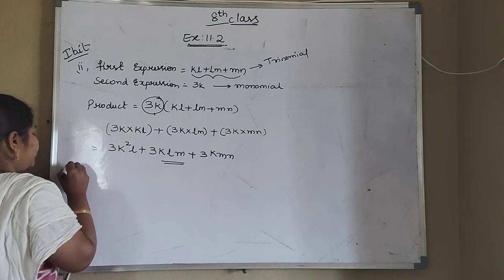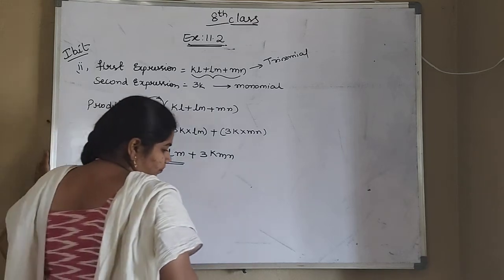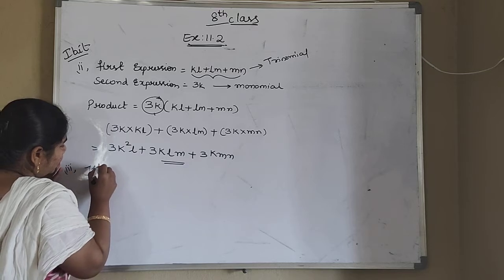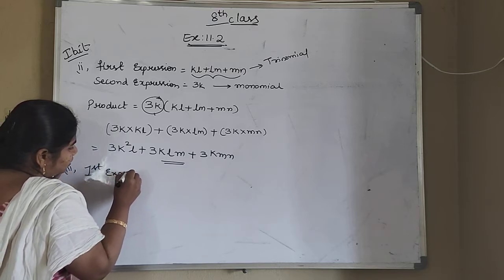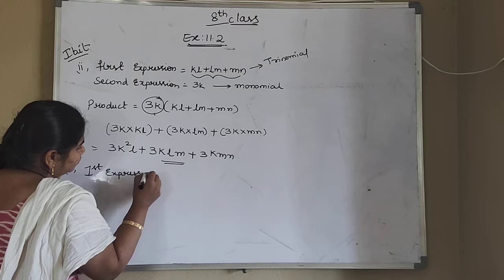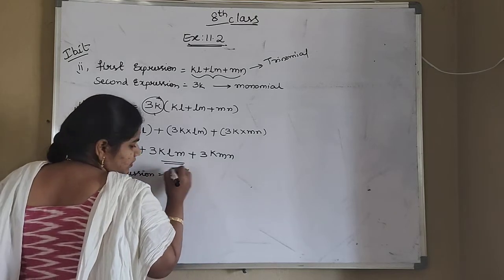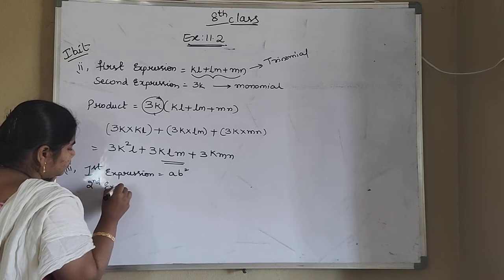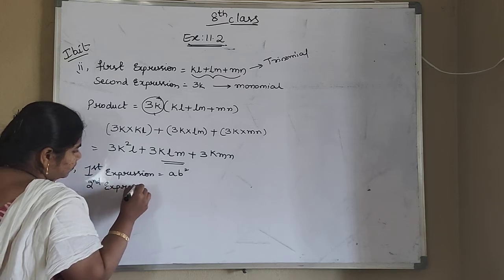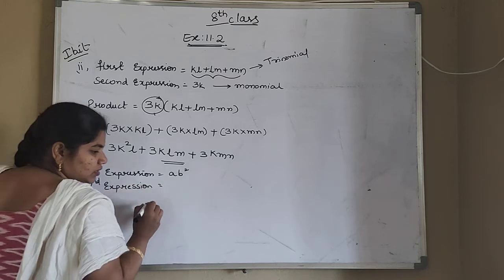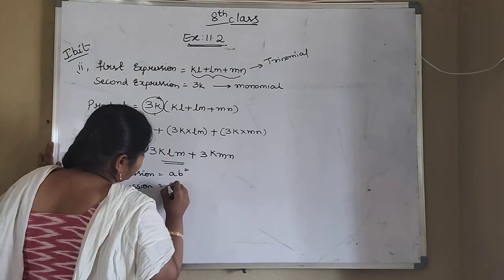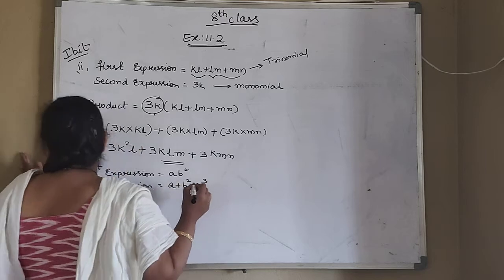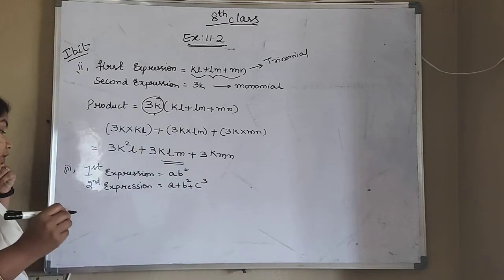Okay. So third bit in this, third question, that is AB square. First expression is AB square, and second expression is A plus B square plus C cube. So we have to multiply these two expressions.